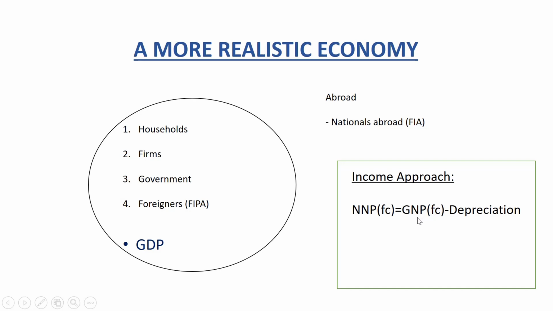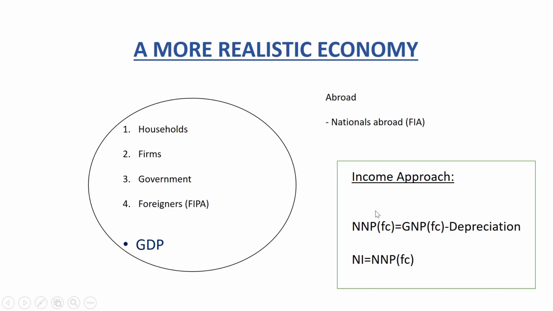That means we don't have any indirect tax or subsidy in this form of calculation. If we are using the income approach, for instance, then our net national product will be at the factor cost. Whenever we have net national product at factor cost, it means that we have arrived at our national income.